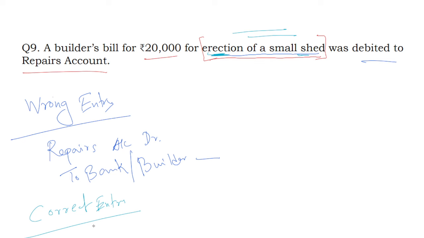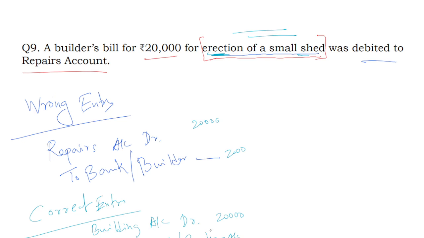So we will write it like this. Correct entry will be building account debit 20,000. The credit side is the same, either it may be bank or builder's account.